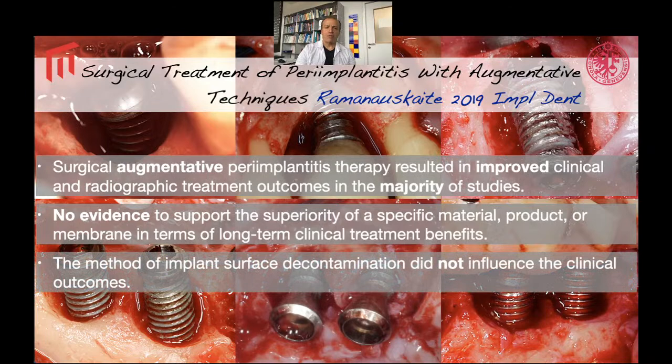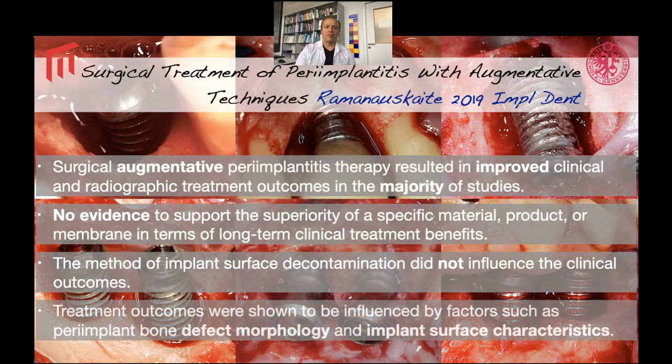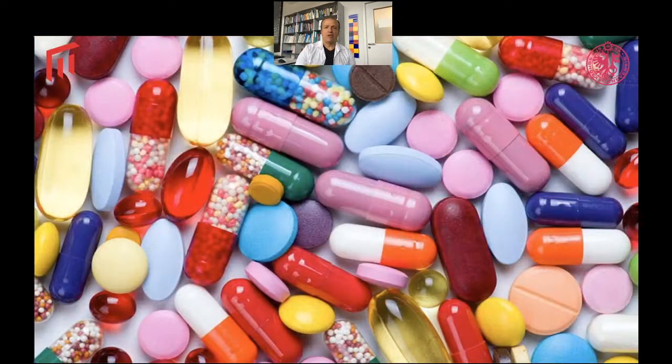There is no method of implant decontamination that can be suggested as superior. The treatment outcomes seem to be influenced by factors such as the peri-implant bone defect morphology and the implant surface characteristics, as we discussed. Now, going towards the end of the presentation, what about antibiotics?